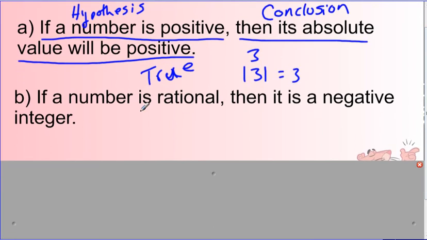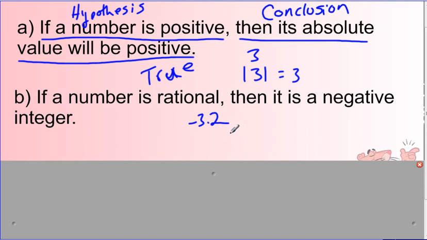Okay? Letter B. If a number is rational, which is every number we've seen today, anything that can be written as a fraction. So if a number is rational, so just think of one, then it is a negative integer. So I thought of a rational number. Here it is. Is that a negative integer?